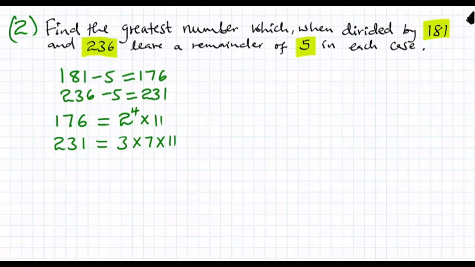We are dealing with these two numbers. So 2 is not common. 7 is not common, but 11 is common in both the numbers. Hence, GCD is 11. 11 is the greatest number that can divide 181 and 236 to leave a remainder of 5.